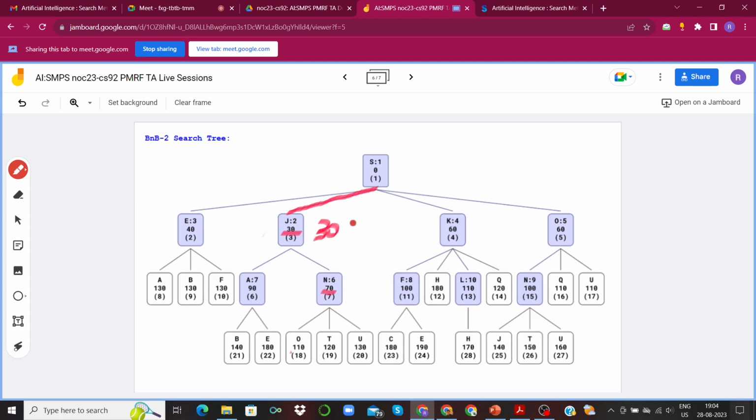This 70 means the cost of going from S to J to N, which is 30 plus 40, 70. And this 120 represents the cost of going from S to J to N to T, which is 30 plus 70 plus 50. Then the cost of the goal node would be the cost of the path. Am I correct? Yeah, exactly. Okay, sir. Got it. Thank you.